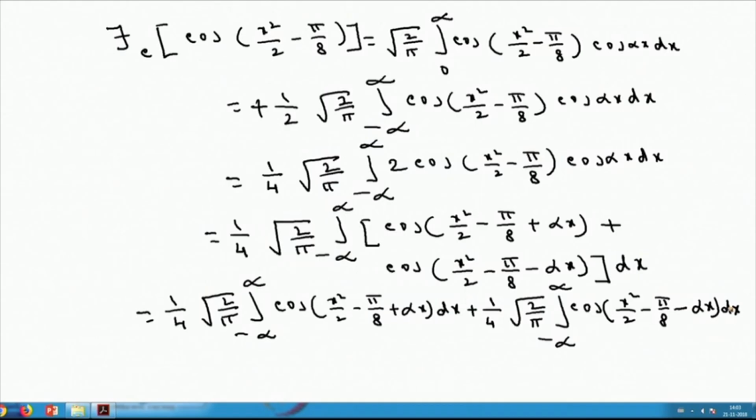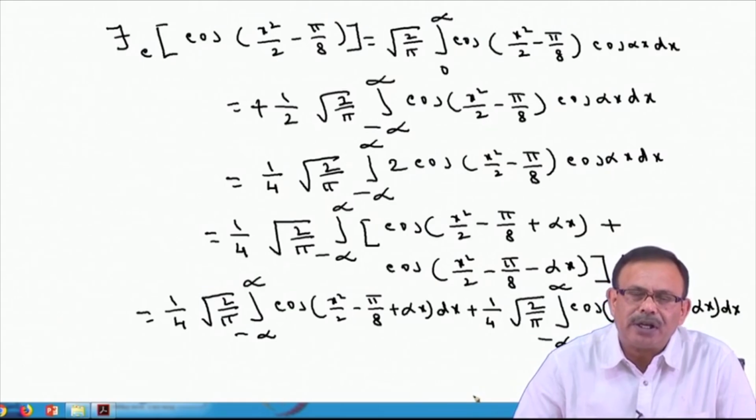Why am I breaking it into 2 integrals? Because if you see the second integral, if you put x equals say minus z, then you will get back the same as the first integral. Please check that in the second integral, if I substitute x equals minus z, then I will get back the first integral, or in other words the 2 integrals can be combined into a single integral.